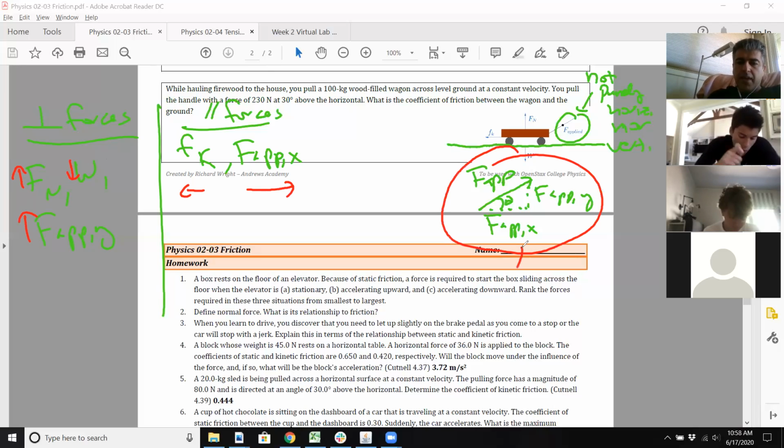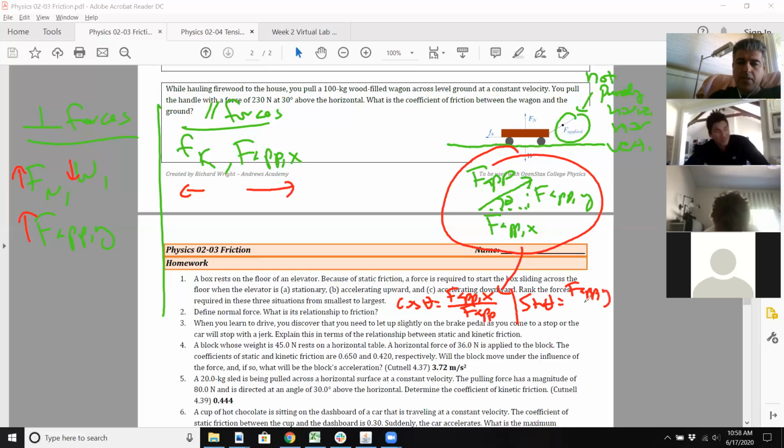If we come back to the F app, you kind of have to do trig, right? So cosine theta is F app x over F app. Sine theta is F app y over F app. So F app x is cosine theta times F app, and F app y is sine theta times F app.